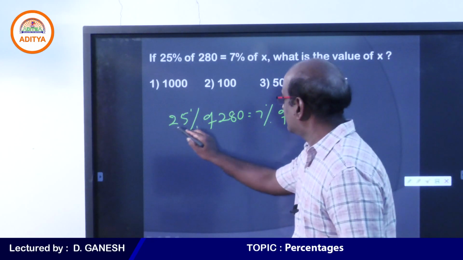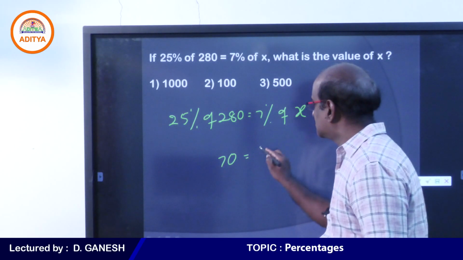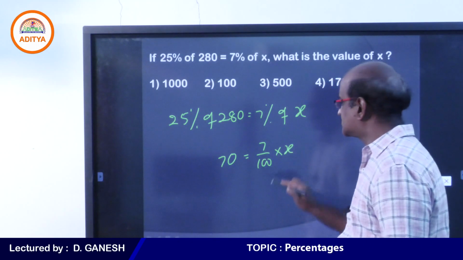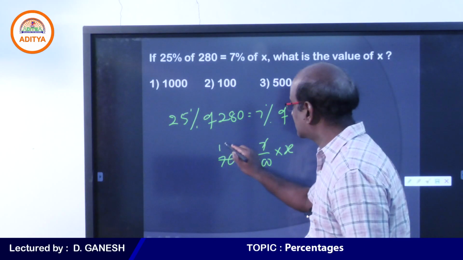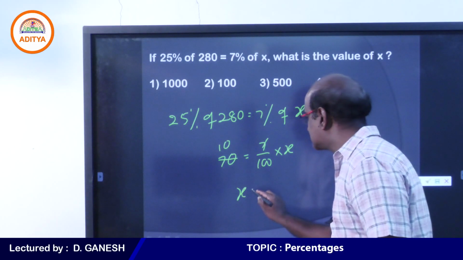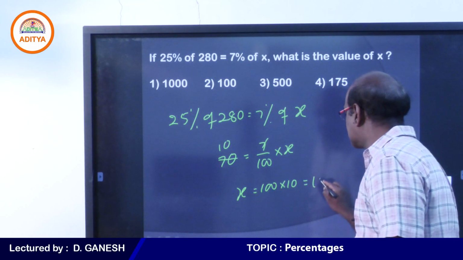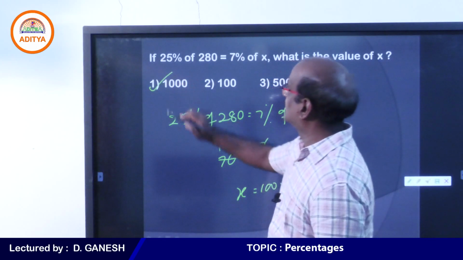You know 25% of 280 is 70. So 7% of X. This is very simple, no complication at all. So 7 cancels for 10 times, therefore X is equal to 100 into 10, that is 1000. Isn't it? Very simple.